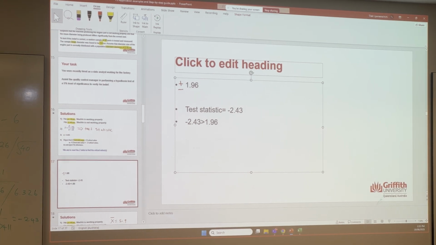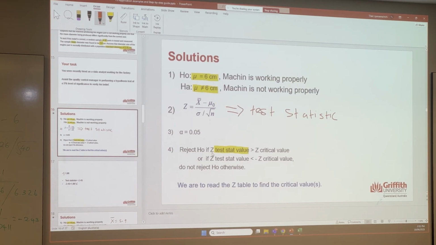Is it true or not? Not true, because it's negative and 1.96 is positive. So this is not happening, which means in the first test, you can't reject.